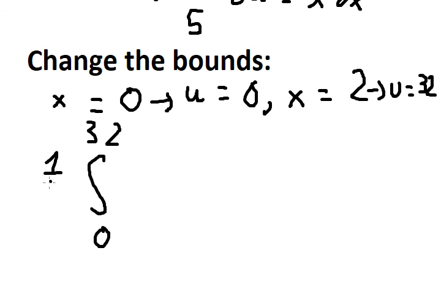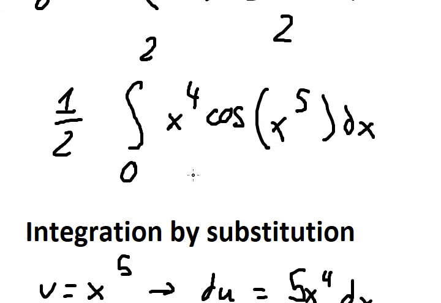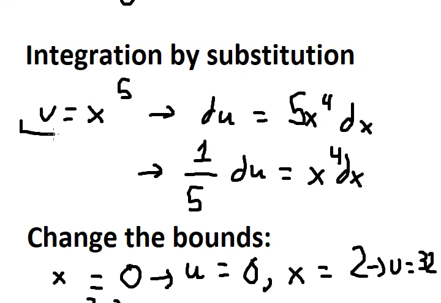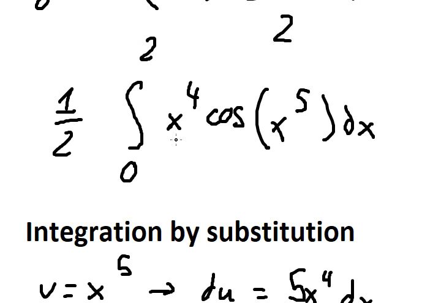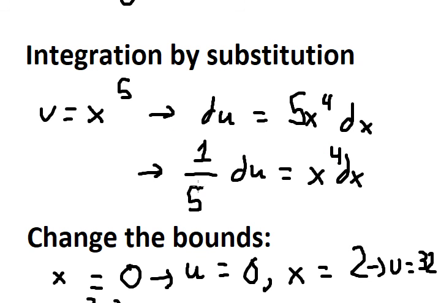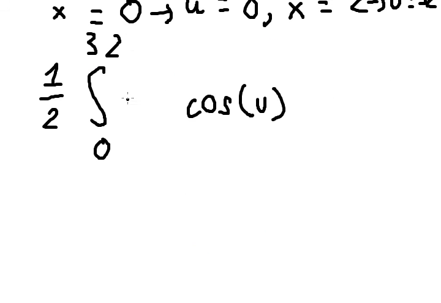1 over 2 I put in here. x to the power of 5 we change to u. x to the power of 4 with dx we will change into 1 over 5 du.